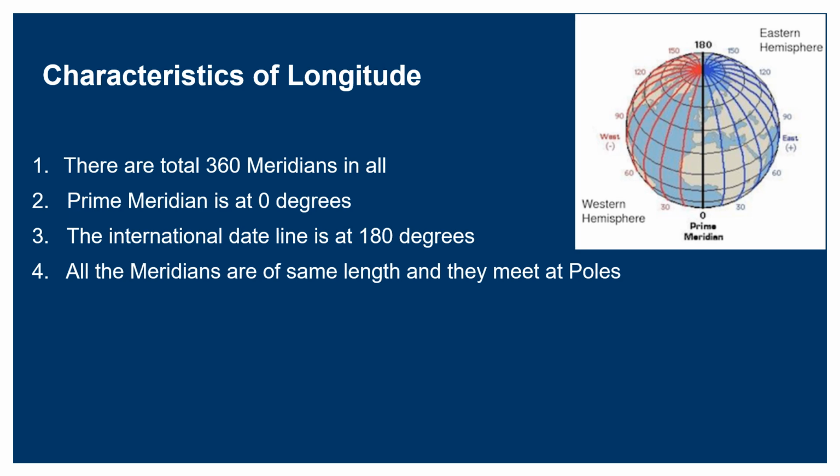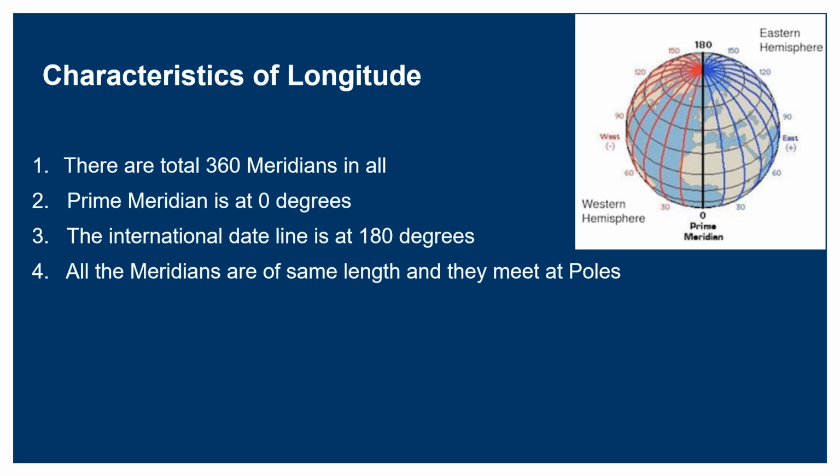If you remember, latitudes are not of the same length. The longest latitude is the equator. Once we go towards the pole, the size decreases, and at the pole, the latitude would be just a point.